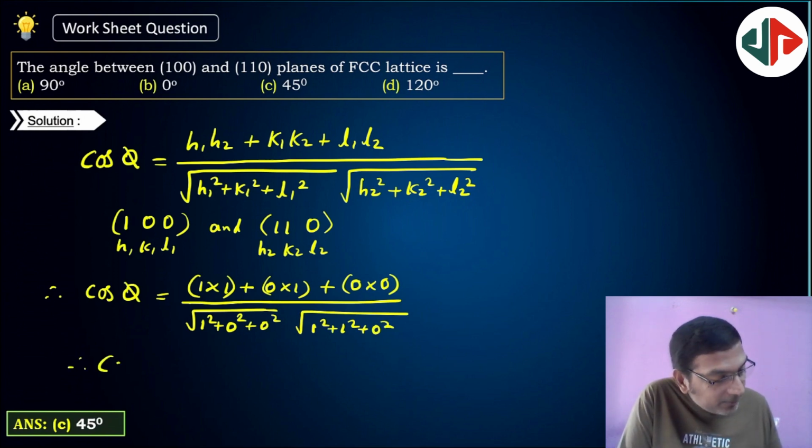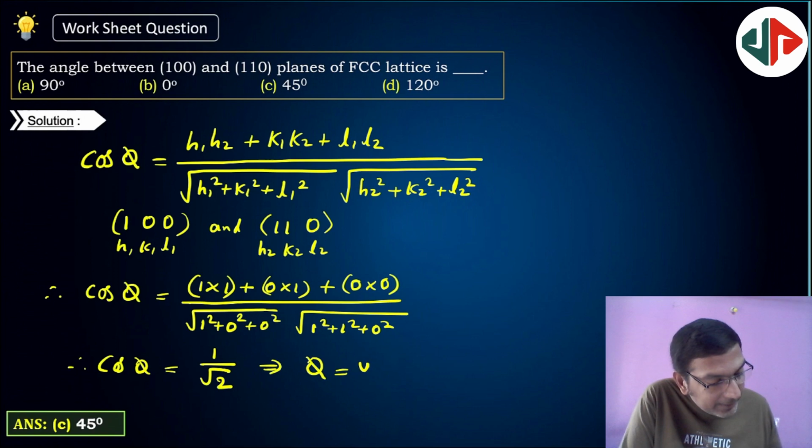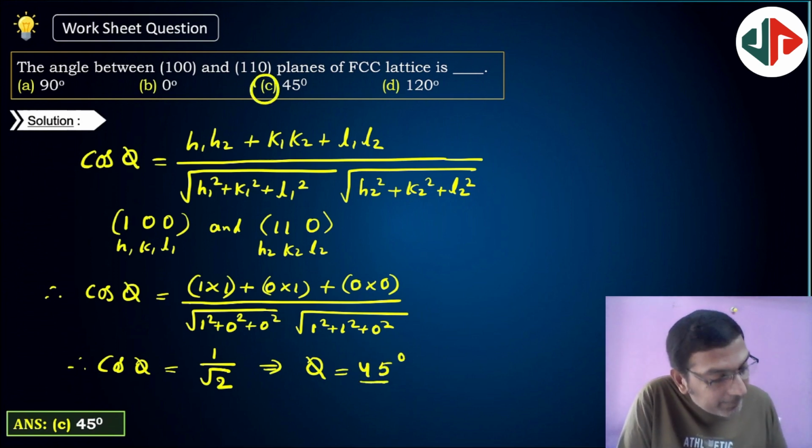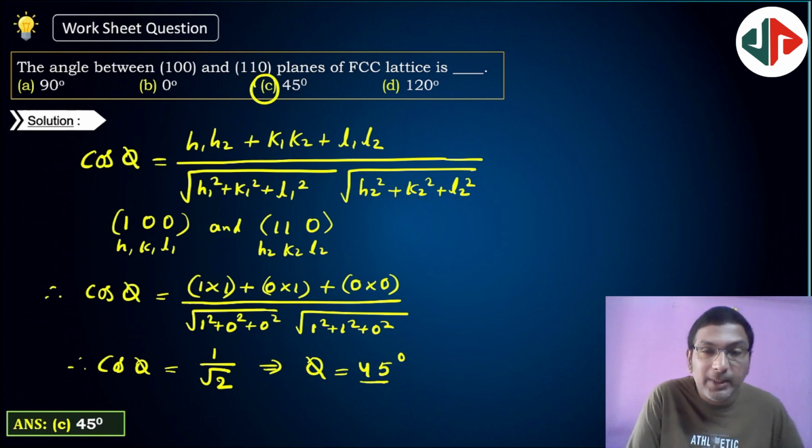So finally cos phi will be equal to 1 by root 2. That implies 1 by root 2 is possible when the angle is 45 degrees. Option C is the angle between two planes with coordinates 1 0 0 and 1 1 0.